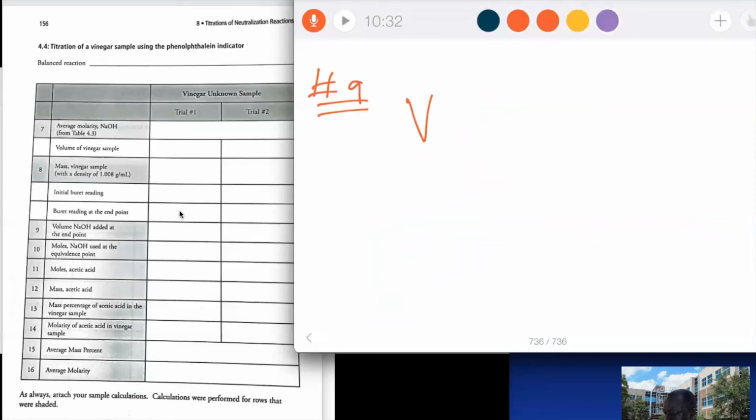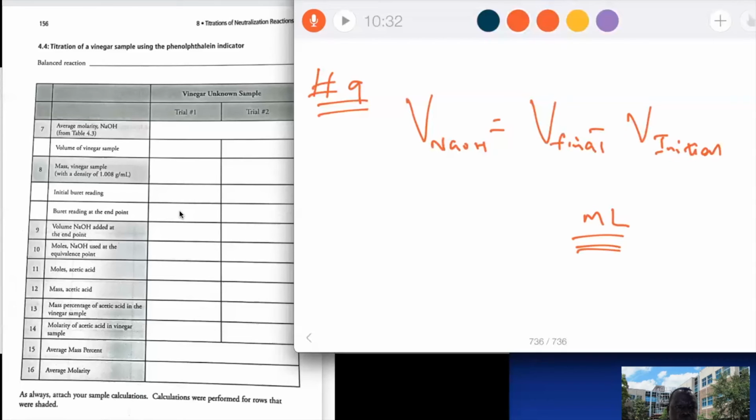V of NaOH is given by V final minus V initial. This is the equation I want to see in your calculation, and remember, the volume is in ml.